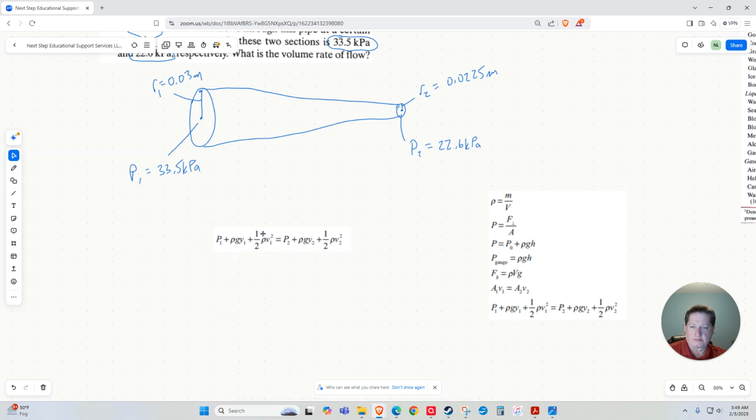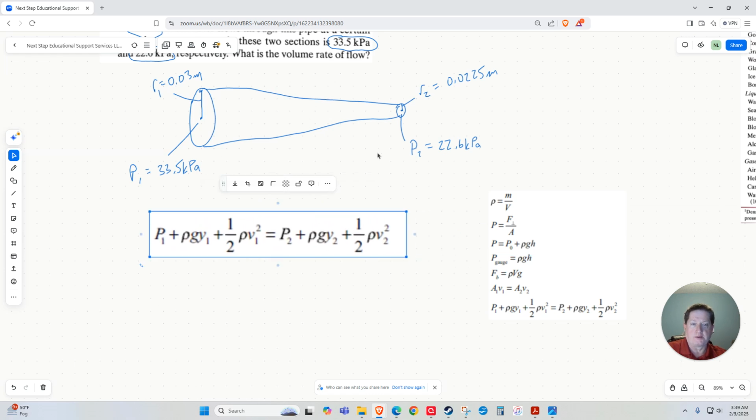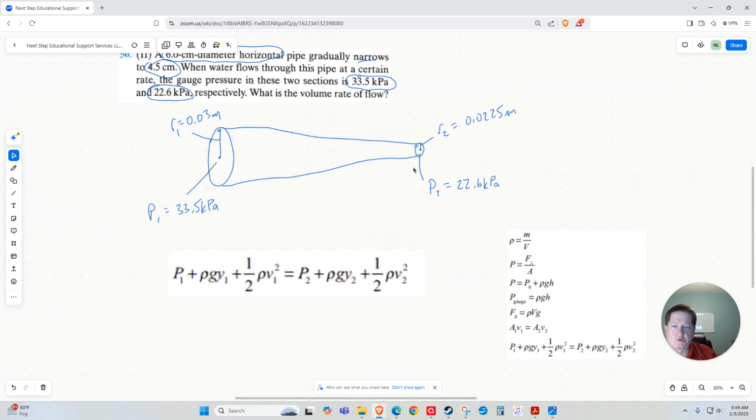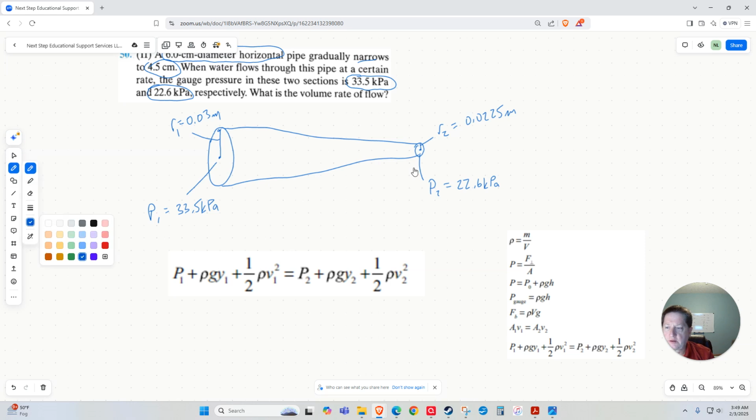It's kind of a starting point because of the values I have included in my system here. But notice what they ask us for. They ask us for the volume flow rate, which again, depending on your textbook, may include V dot.